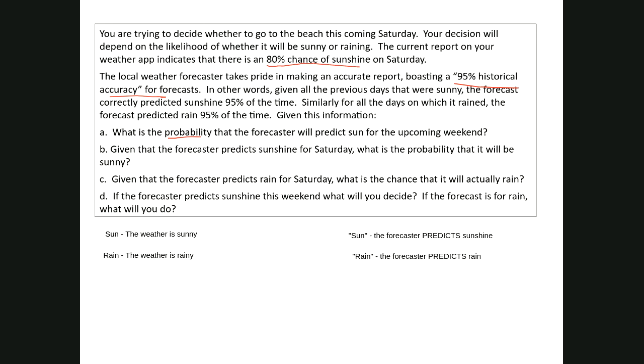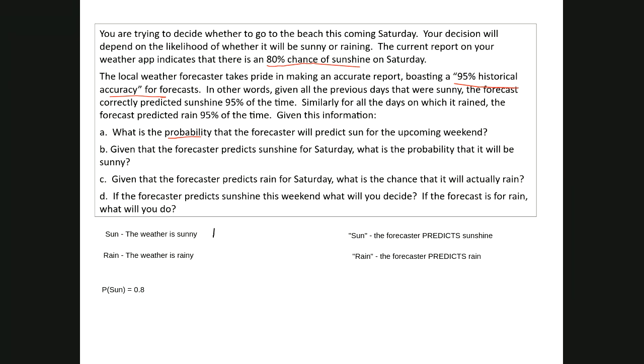And the other thing that we can learn from this information is that we can begin to assign probabilities. So we know from earlier work that there's an 80% chance of sunshine. So our prior probability is that the probability of sun is 0.8.